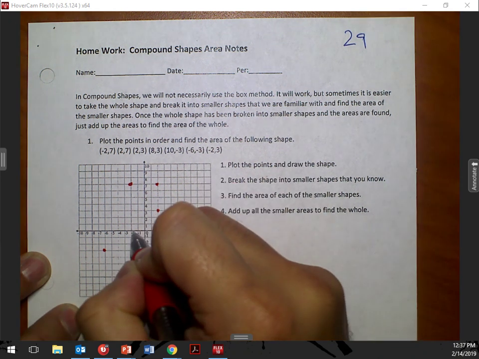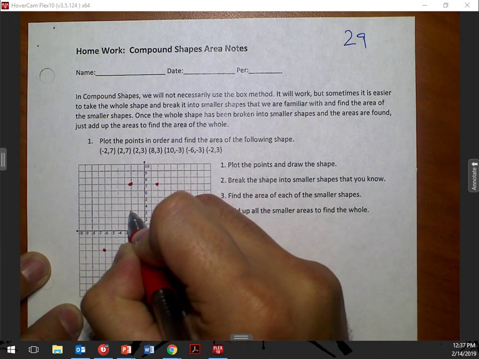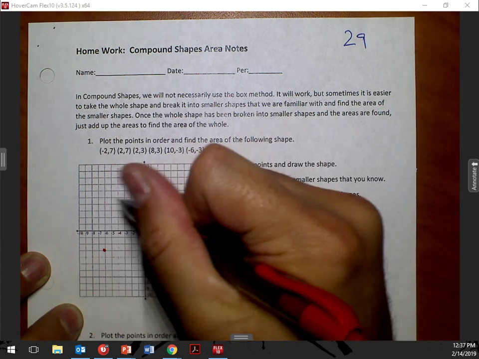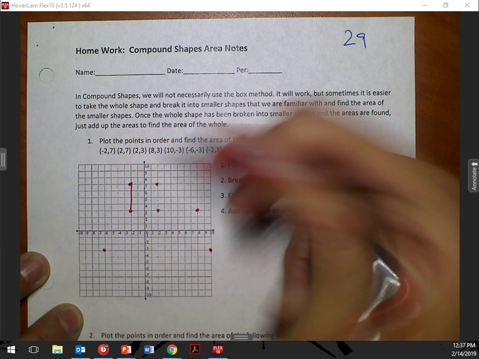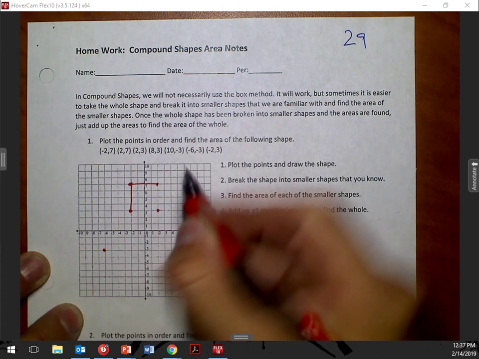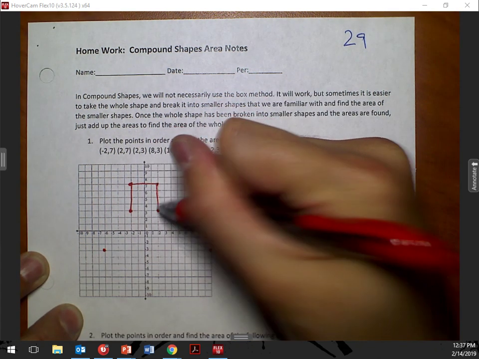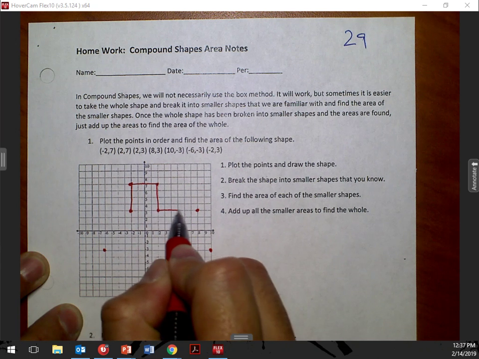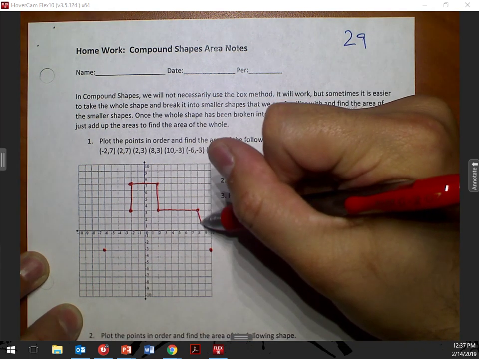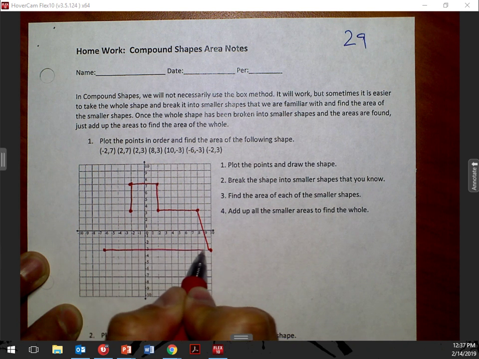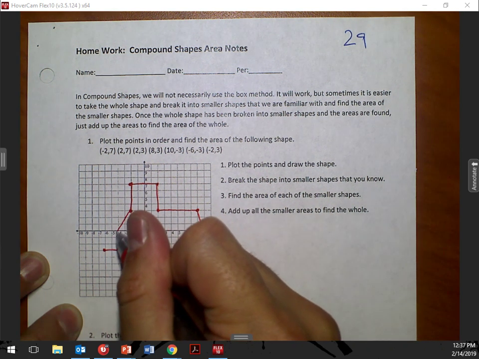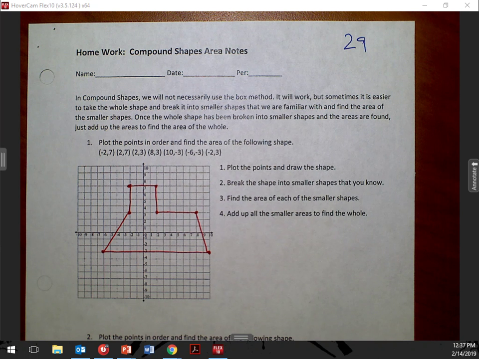Oh, -2, +3, sorry. So I'm going to go ahead and just trace this out. There we go. Your shape should look like that. And that's what yours has, right? Yeah.